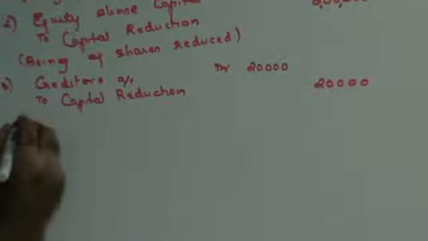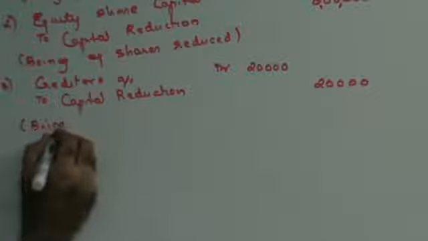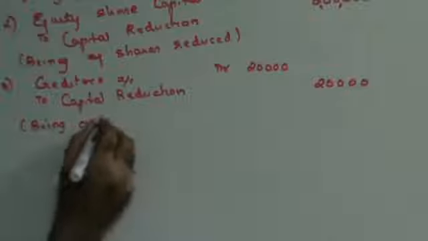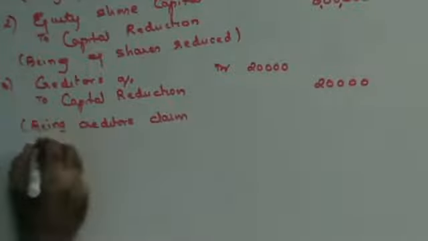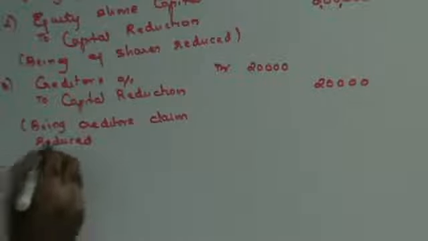I have to pay them 20,000 rupees less. Being creditors claim reduced. This which we are doing is the D adjustment. Okay? D and C I'll just do, right?